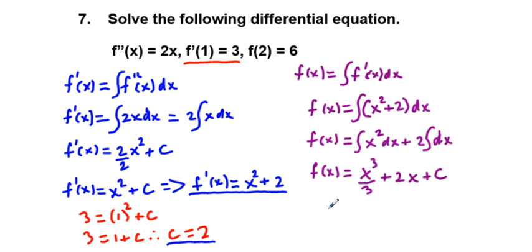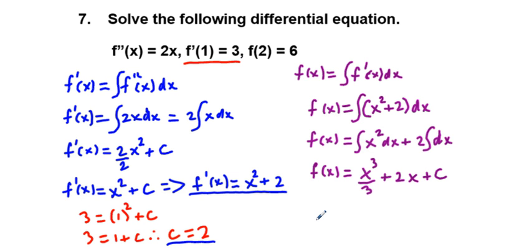And so now we have f of x equals x cubed over 3 plus 2x plus c. And I'm going to leave some room below here to write out our equation with c.